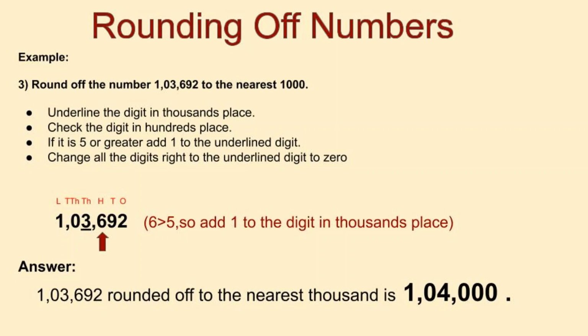The digit is 6 in hundreds place. It is greater than 5. So add 1 to the digit in thousands place. In thousands place we have 3. If we add 1 to it, it becomes 4. And change all the digits right of the underlined digit to 0, and all other digits to the left of the underlined digit remain the same. Hence the answer is 1,04,000.